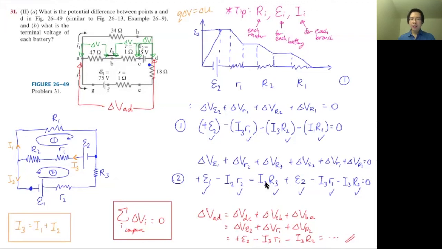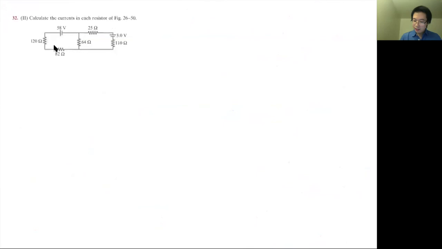Okay. The last thing I need to tell you is the concept of terminal voltage, and this is what I alluded to on the first day. So let me just use the new slide. So the terminal voltage, now that you know how to look at potential differences, is defined as the potential difference across the battery's terminal.